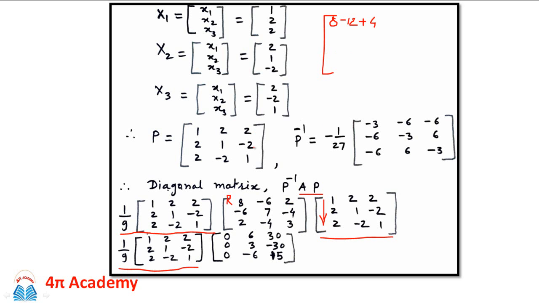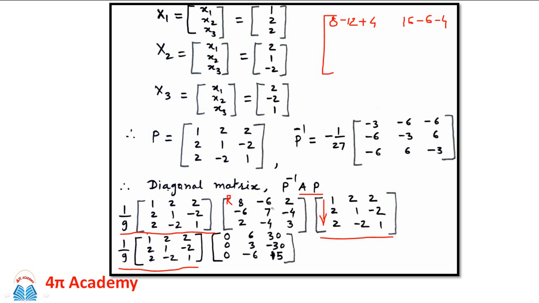Then next you perform this row with this column for this element: 8 into 2, that is 16. Then minus 6 into 1, that is minus 6. Then 2 into minus 2, that is minus 4. So this will be my second element.